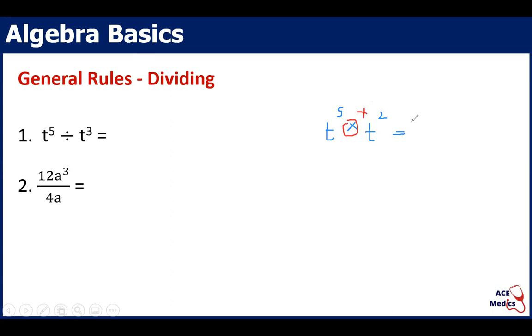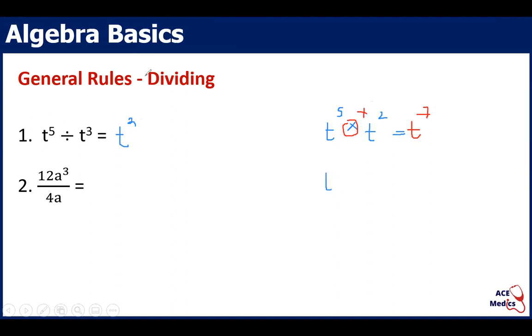So we'll have t to the power of 7. Now dividing is, remember, just the opposite of multiplication. So we are going to take away our powers. So 5 minus 3 is 2. And that is literally it.